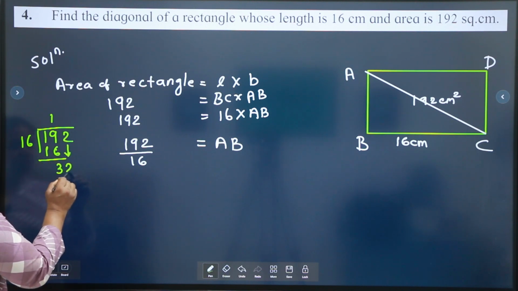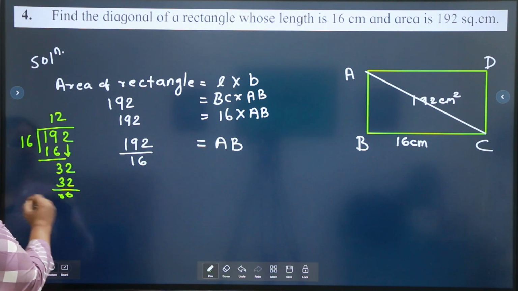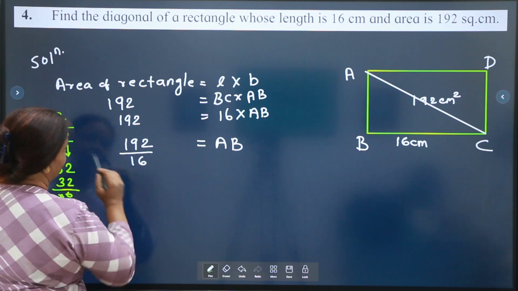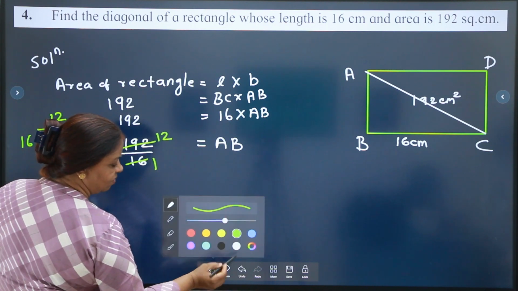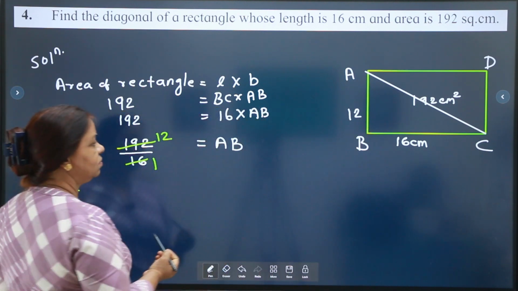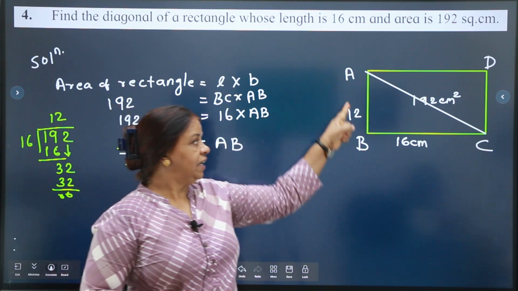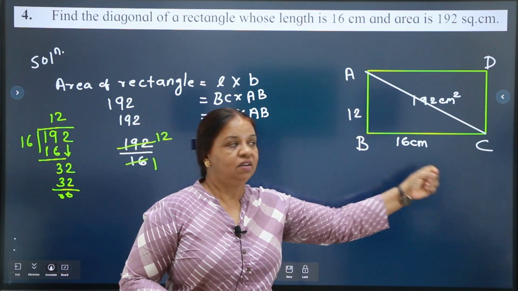Bring 2 down. 16 twos are 32. So the value which we got is 12. 16 ones are 16, 12s are 192. So AB we got as 12. And in the rectangle, breadth we got 12, length is already given as 16.